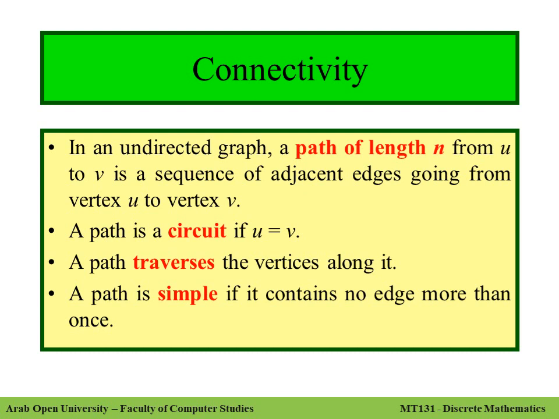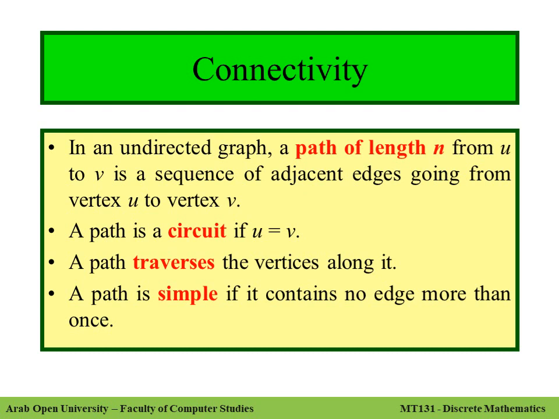So with a path you start at a vertex and end with another vertex, and of course the length of the path is the number of edges you need. The vertices you list in the path have to be adjacent, and the length of the path is the number of edges you use. A path is called a circuit if it starts and ends in the same place.